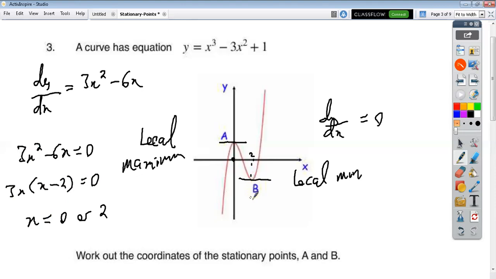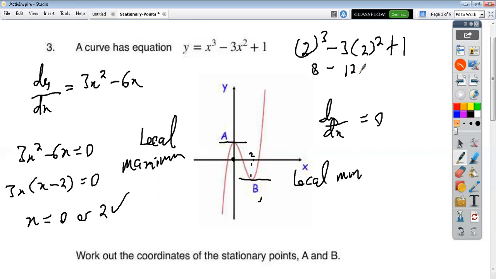So to find the y coordinate when x is equal to 2, we go to this and say the value of y is 2 cubed minus 3 brackets 2 squared plus 1. So you use your calculators. This gives you 8 minus 12.